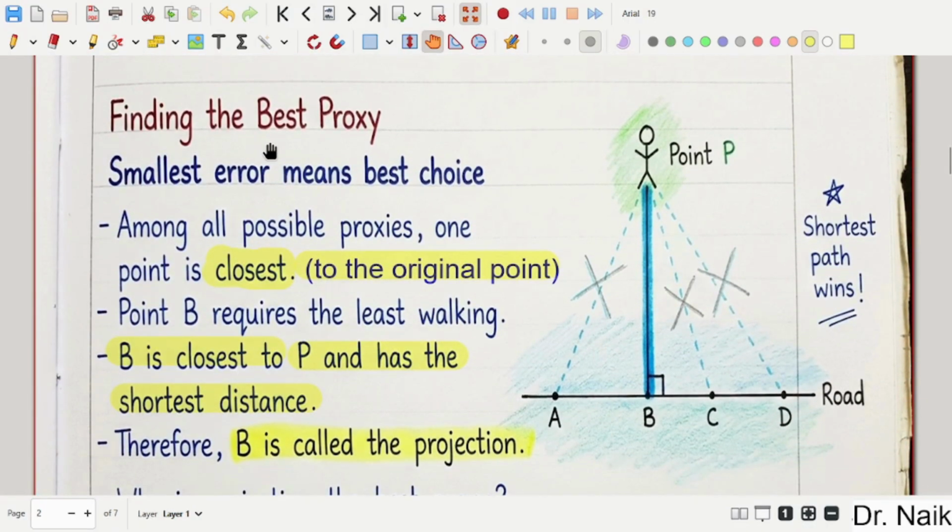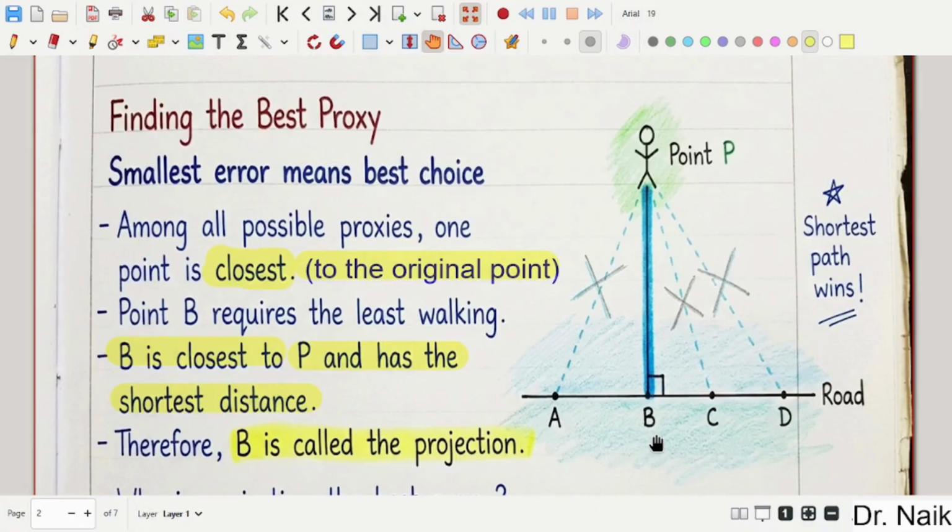How to find the best proxy? Among all possible proxies, one point is closest to the original point. Point B requires the least walking. Point B is the closest to the point P and has the shortest distance. Among all these points, point B has the shortest distance. Therefore, point B is our best proxy.